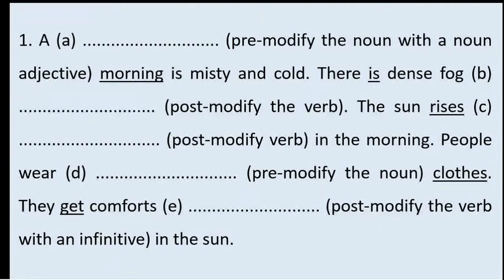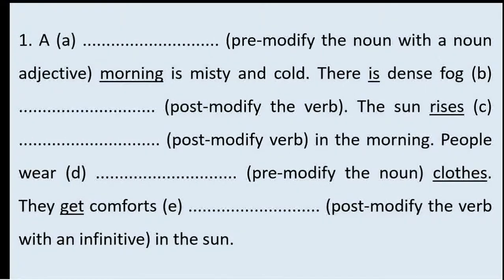Morning is misty and cold. Here the instruction is pre-modify the noun with a noun adjective. There are many noun adjectives, and I am speaking of two possible noun adjectives. We can write here summer or winter. If we write here summer, will this be correct?